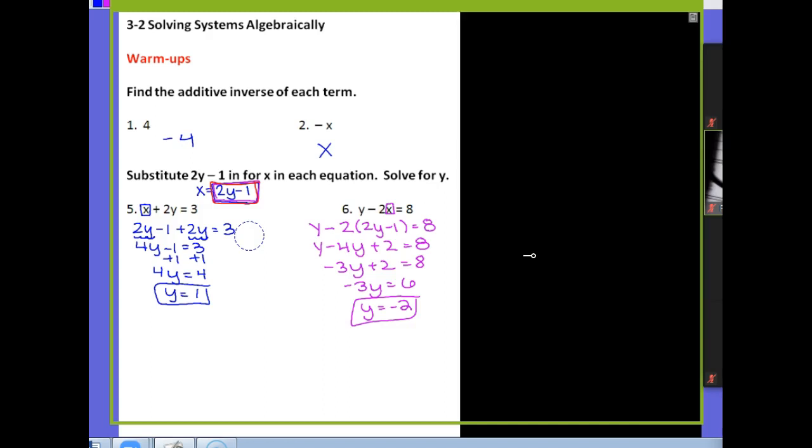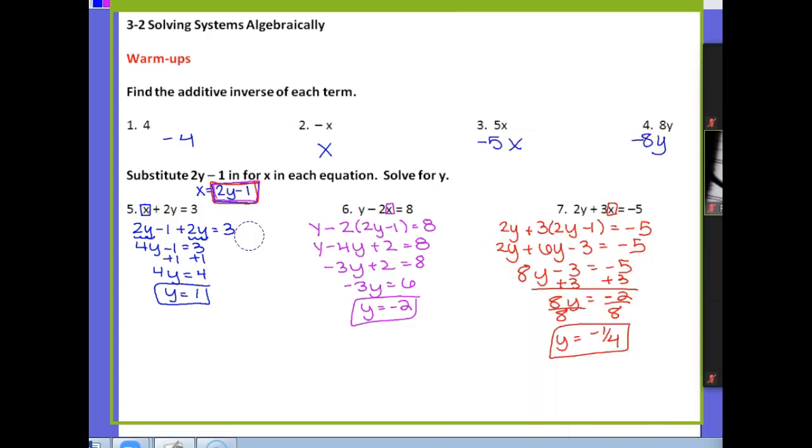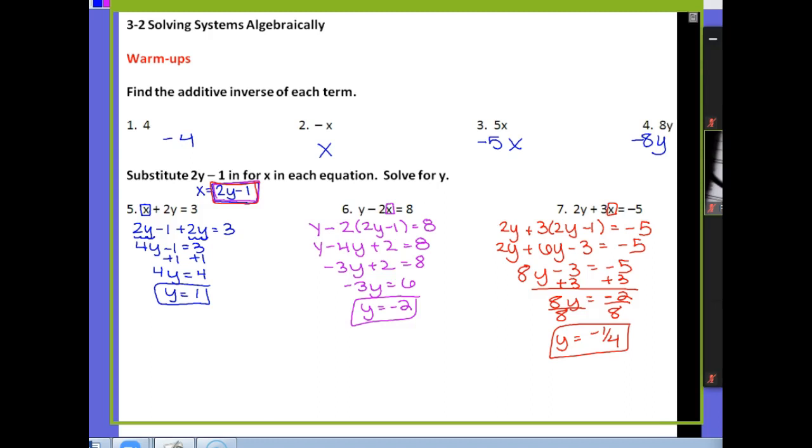Okay? And then for the last example, same idea. Everywhere you had an x, you are going to substitute in that y.